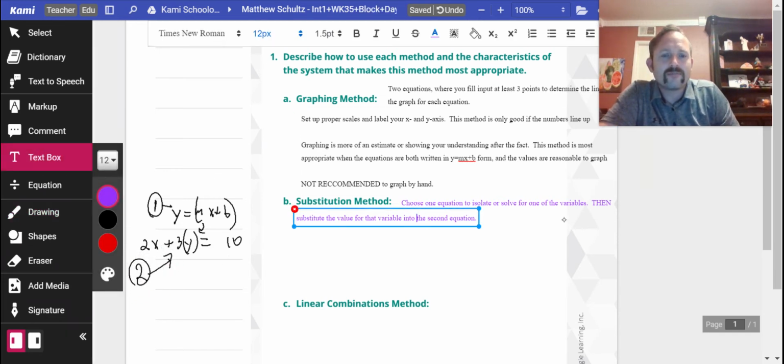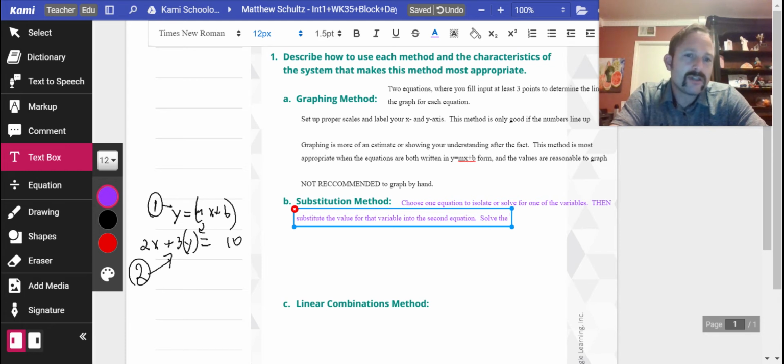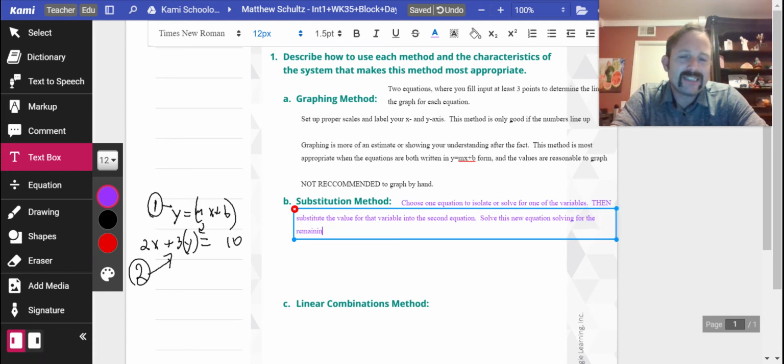Next up, that would make our variables go from 2 to 1. In this case, we'd be getting rid of our y. And so then we would solve this new equation, solving for the remaining variable.